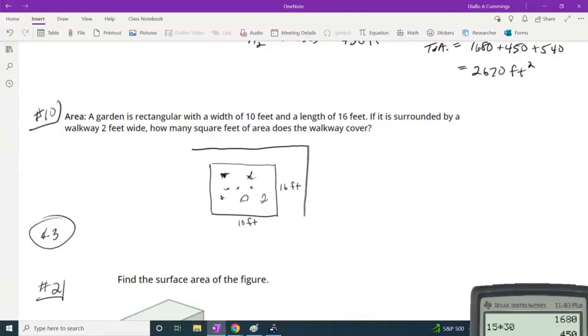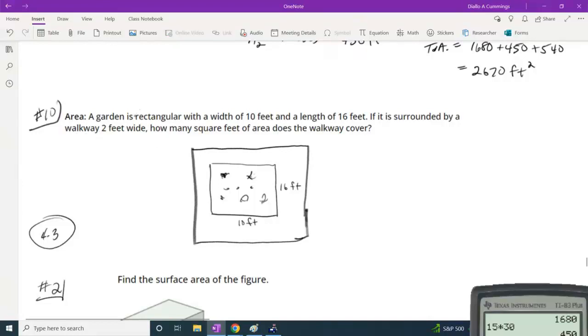And this is not drawn to scale by any means. The walkway is this area here, right? Because we don't want to walk into the garden. We want to know how many square feet of area the walkway covers. So we know that it's 2 feet wide.